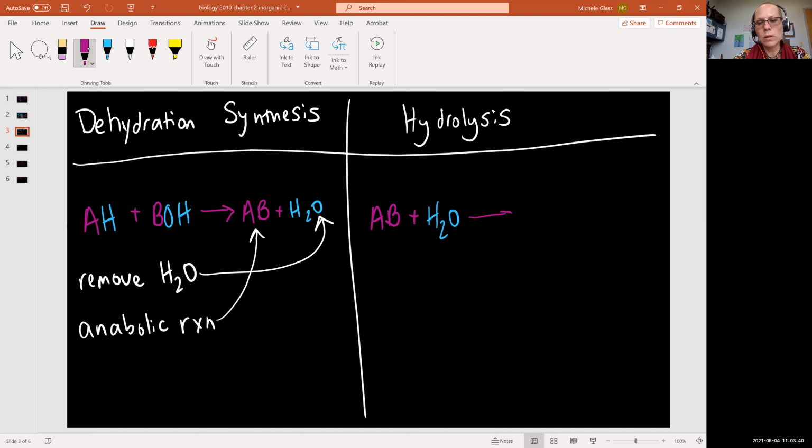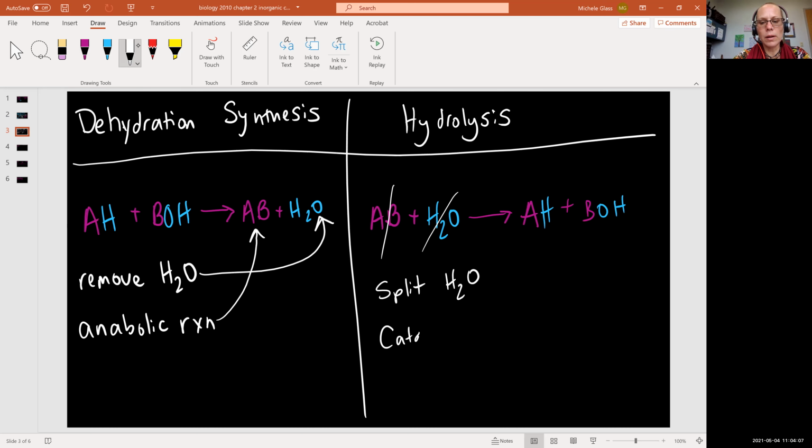When we do that, both the water molecule and the AB molecule will split. And so now we end up with hydrogen from water pairing with that A, and the hydroxide group, also from water, pairing with that B. So here we are going to split water, and we're doing a catabolic reaction.